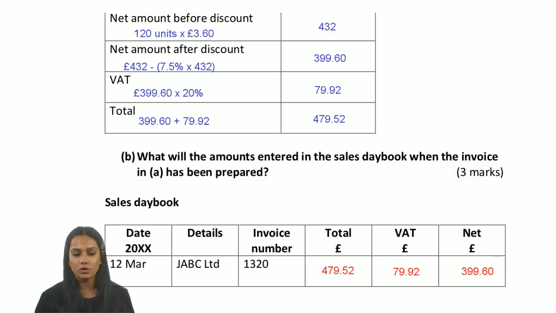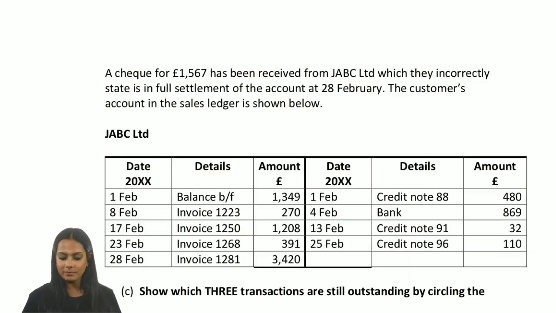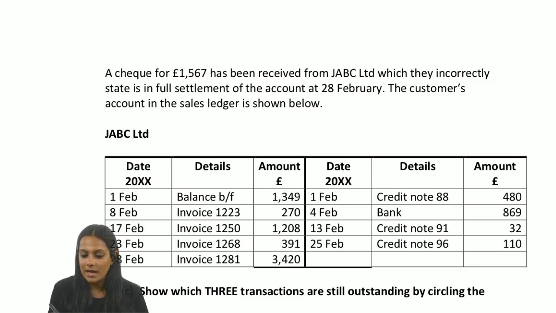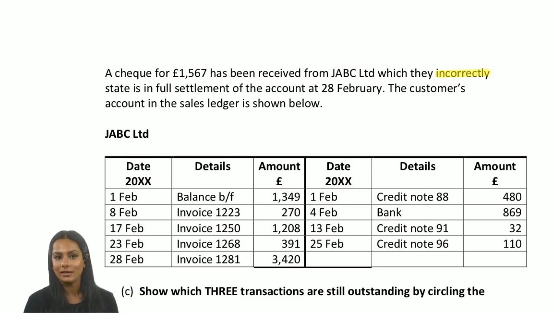Now allow us to move on to part C of the exercise. Part C, we're still carrying on with the customer JABC. It says a cheque for £15.67 has been received from JABC, which they have incorrectly stated is full settlement of the account at the 28th of February.